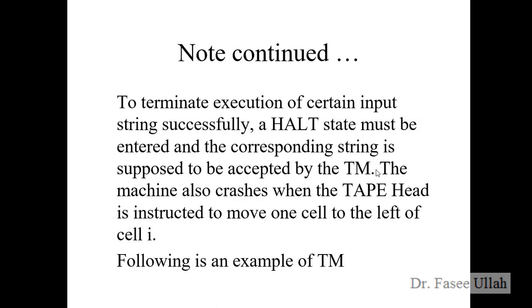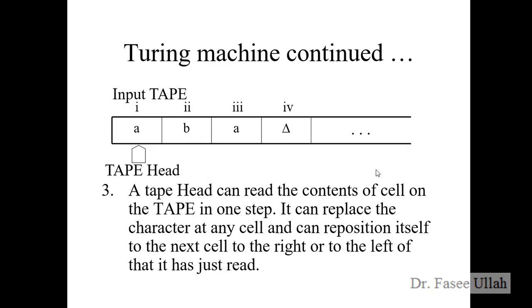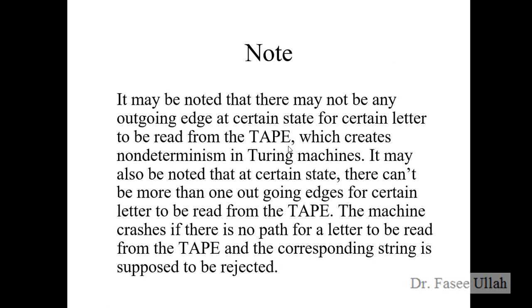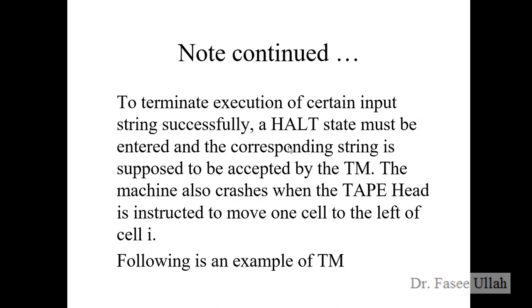Here we successfully read this first letter A, and we want to move to the next, so the tape head will move to the next cell toward the right, print this and this, and finally it will stop. It means we have finished all of the input characters. A halt state must be entered and the corresponding string is accepted by that Turing machine.